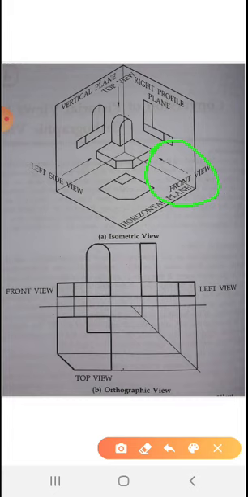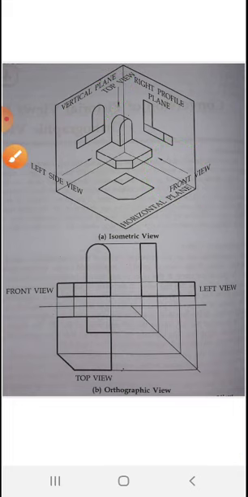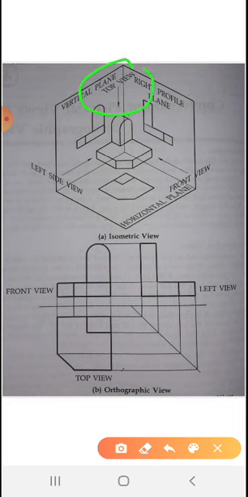If the observer wants to see the object in the front view direction, the object projection is projected on the vertical plane. Then it is called the front view. Similarly, what is the meaning of a top view? So this is the top view.